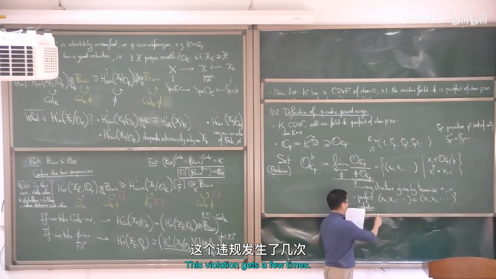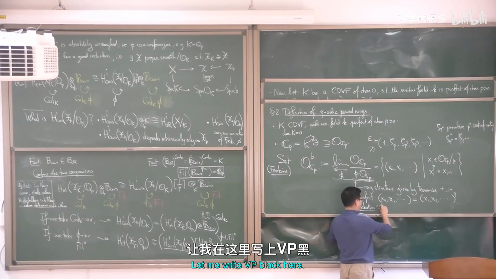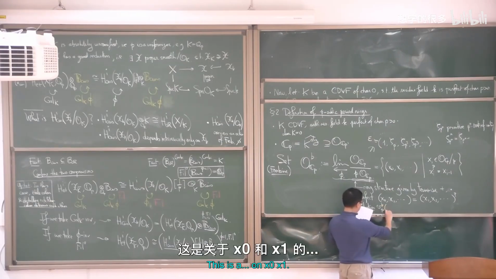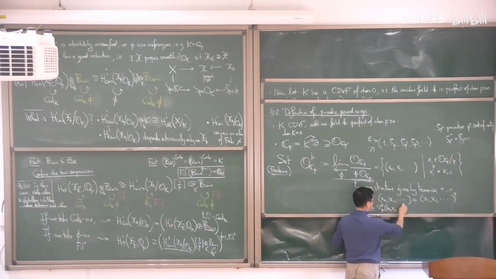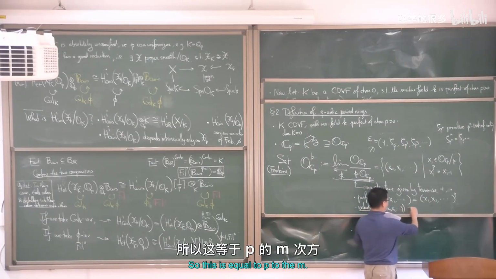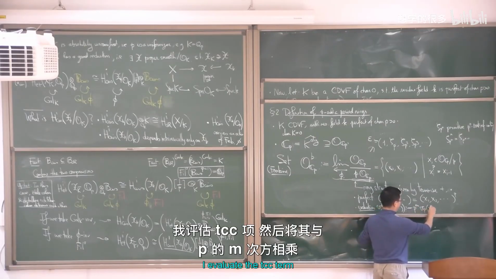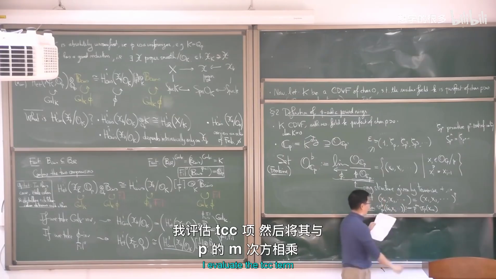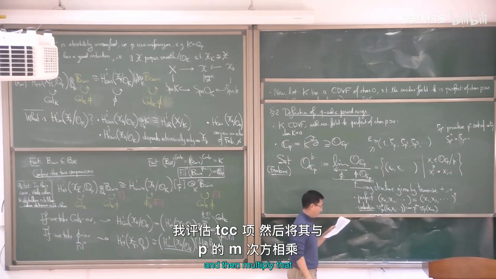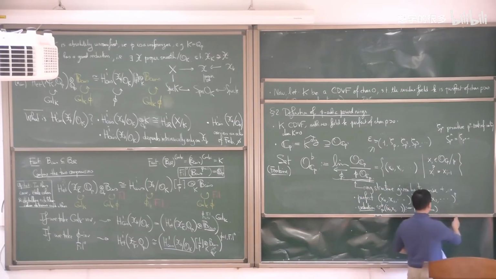This valuation gives us, hold on, let me write v_p flat here. This is on (x0, x1, ...). So this is equal to p to the m. I take the p-valuation of the m-th term, and then multiply that with p to the m.